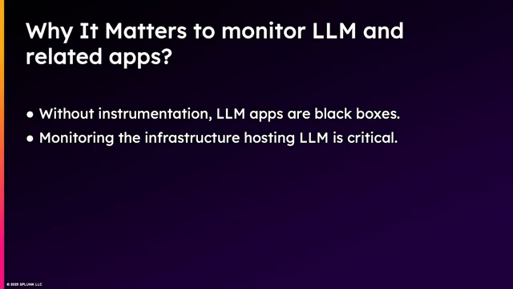And why does it even matter to monitor LLMs and their related apps? Without instrumentation, LLMs are black boxes. We know that we are getting the request and response, but we don't know what is exactly happening in them. Not just monitoring the LLM apps and their metrics, it is also very important to monitor the infrastructure on which these LLMs are hosted.